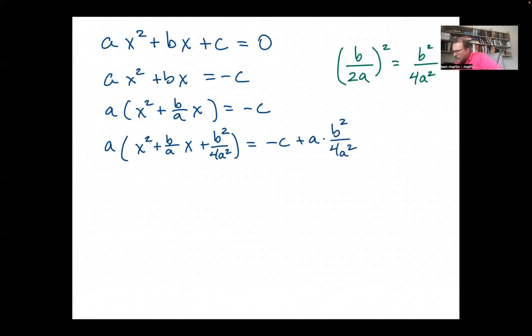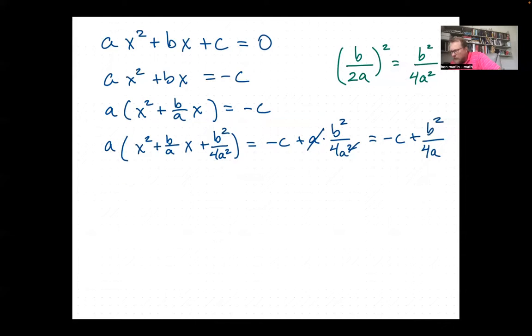Okay. Now, you might as well simplify where you can there, so that one of the a's gets knocked out. And so you have this equal to minus c plus b squared over 4a, right?